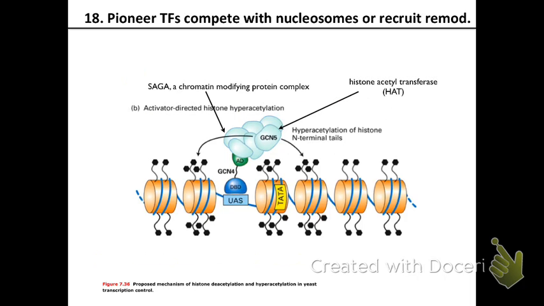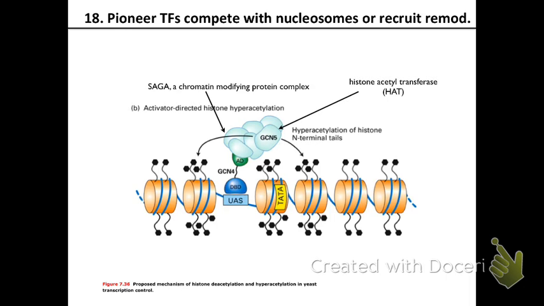One of the complexes it can recruit is an acetyltransferase complex that's going to acetylate the nucleosome nearby. But this acetylation does not necessarily remove the nucleosomes, but we learned in the eukaryotic transcription lecture that the acetylation can serve as a binding site for ATP-dependent chromatin remodelers, such as SWI/SNF, which can come in and literally take that nucleosome out, right?